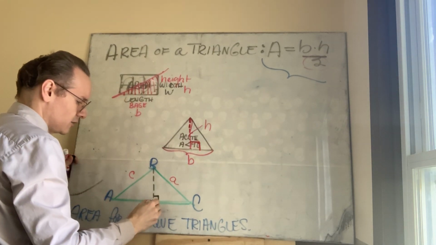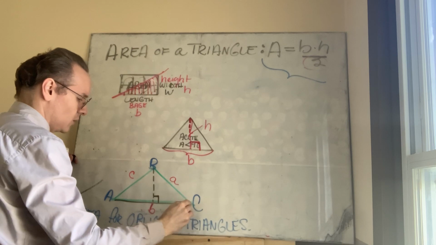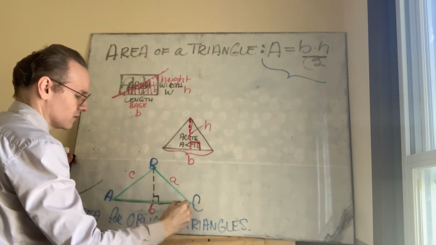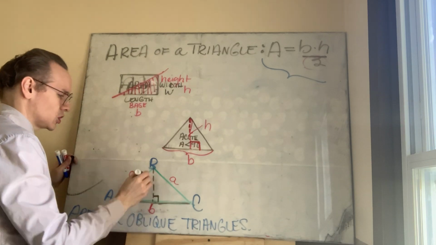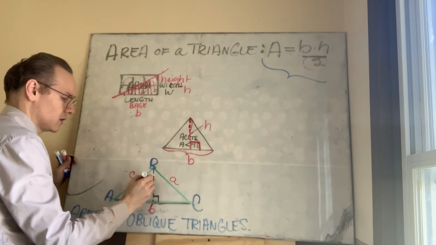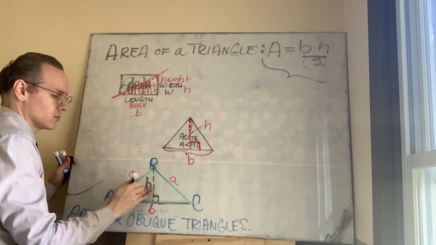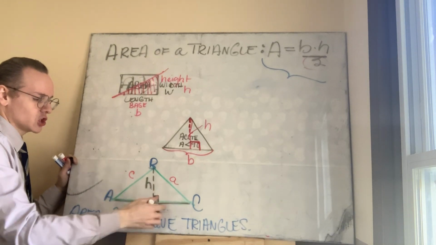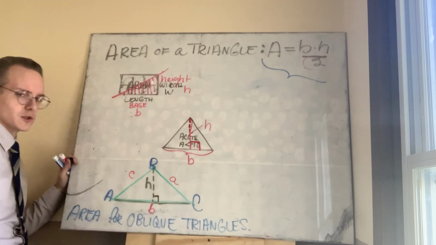And that's a 90-degree angle because the height would always have to be perpendicular. The height dimension, H, is that legible? Looks like it is. It's like a little chair. The height dimension is always perpendicular to the base dimension.